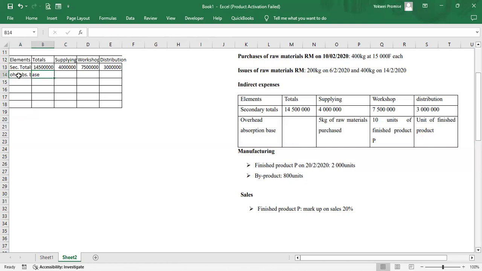The first overhead absorption base is under supply, which says 5 kg of raw material purchased.